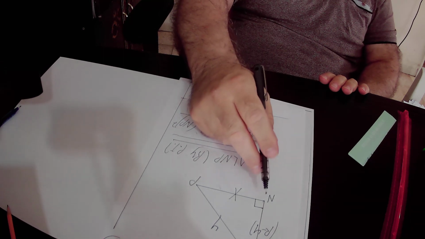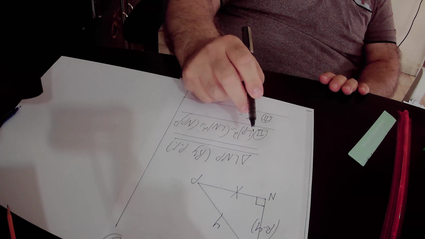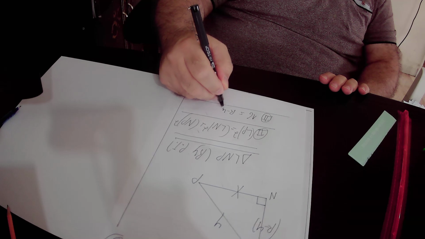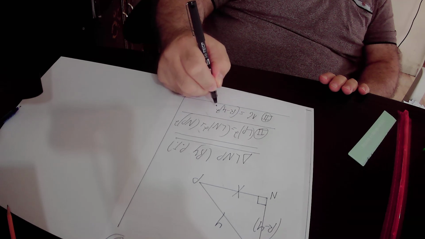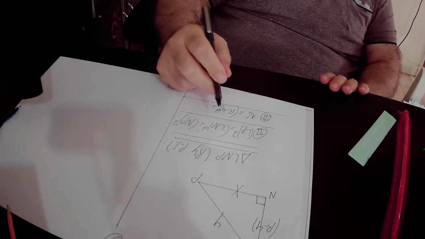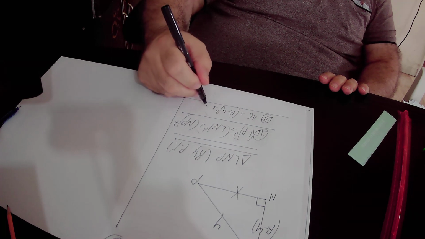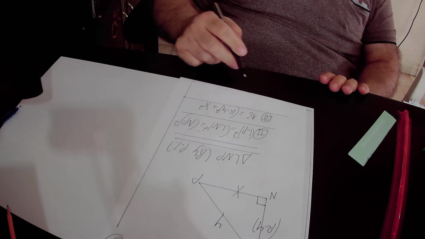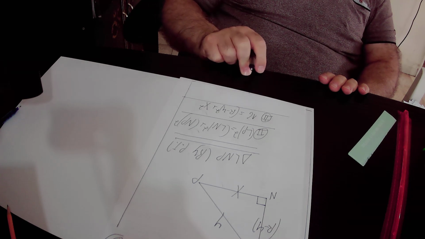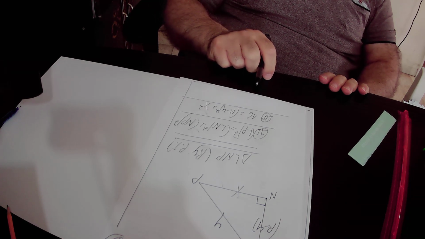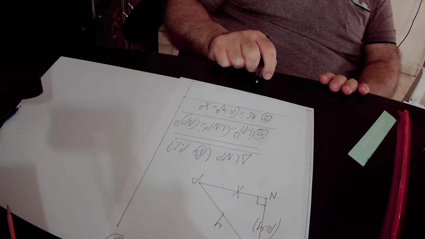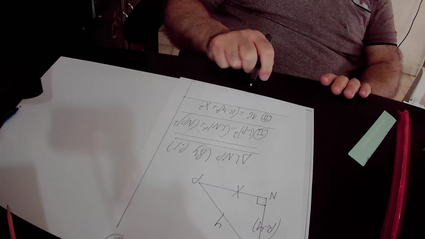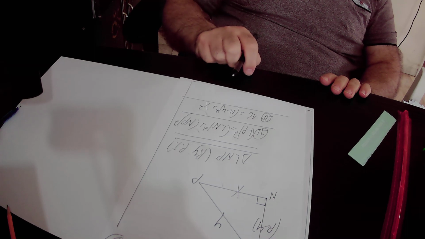LN equals capital R minus 4, therefore LN square equals (capital R minus 4) square, plus NP square. NP equals x, so NP square equals x squared. So in conclusion, according to the Pythagoras theorem and equation number 2, 16 equals (capital R minus 4) square plus x square.